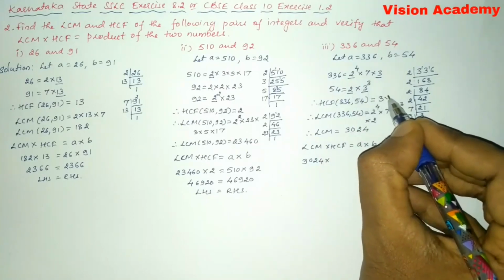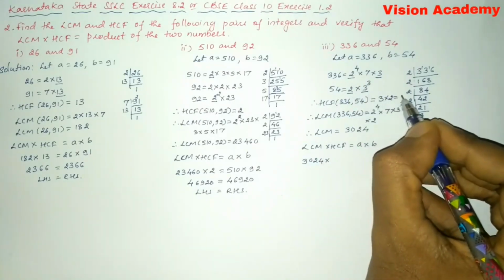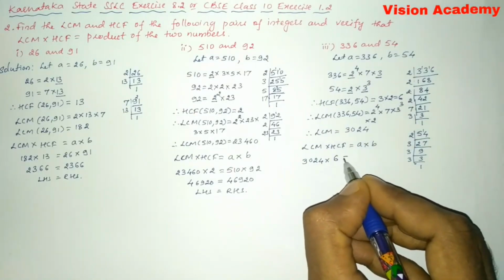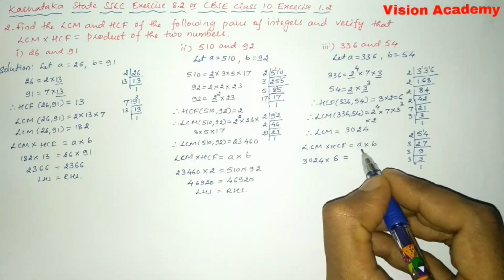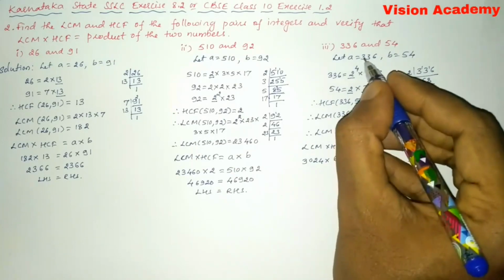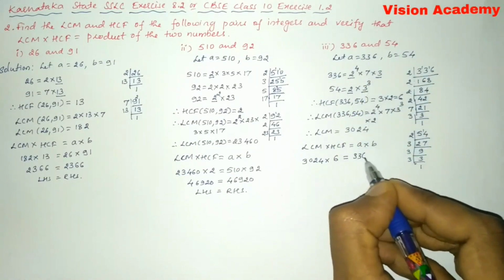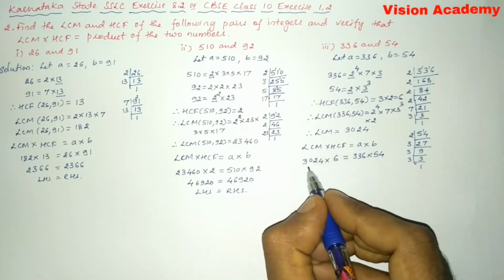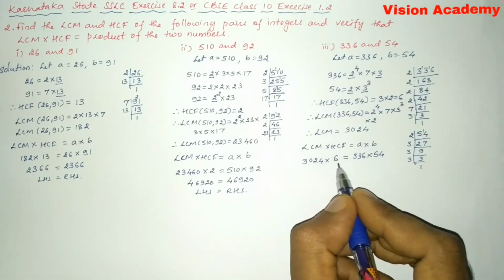Here we have to multiply this one with 2, that is 2 3s are 6. HCF is 6. So let us write HCF is 6 is equal to, now we'll write A, that is A is 336 into B is 54. Now let us simplify 3024 into 6.